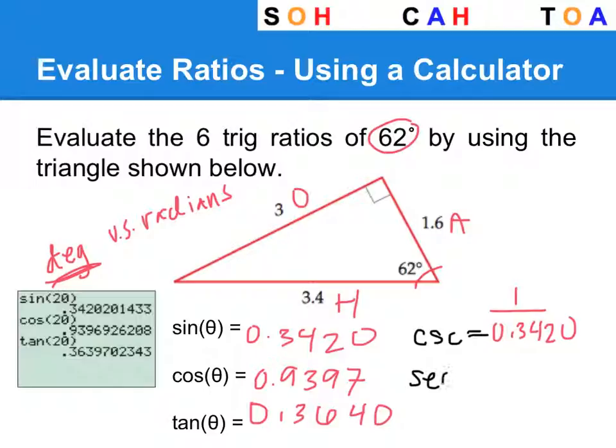Secant would be 1 divided by 0.9397. I'm sure you can figure out what cotangent would be. Now, depending on the calculator that you're using, some of them might have the option to use cosecant, secant, and cotangent. Others of them don't. So for the purpose of this slide, I just want you to get used to your calculator, make sure you know how to use it, make sure you can use all the slides correctly.